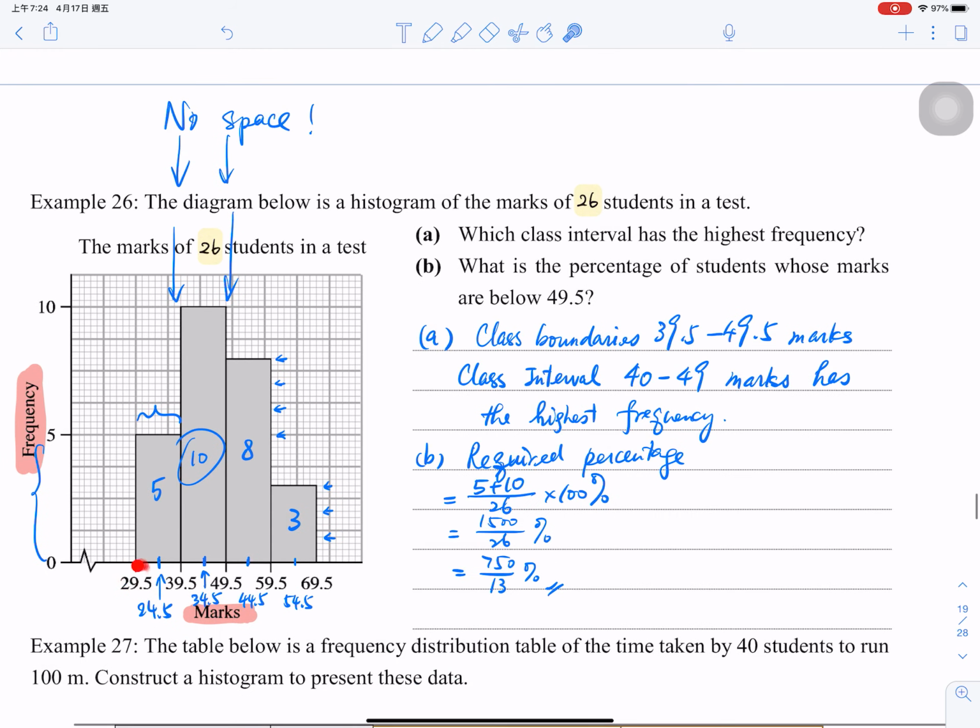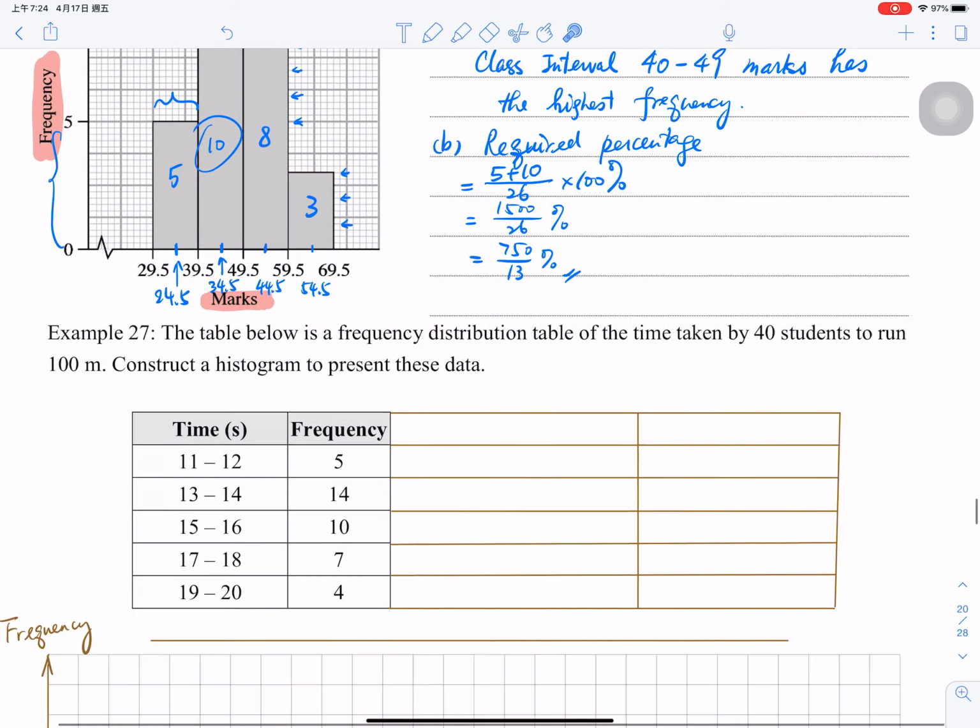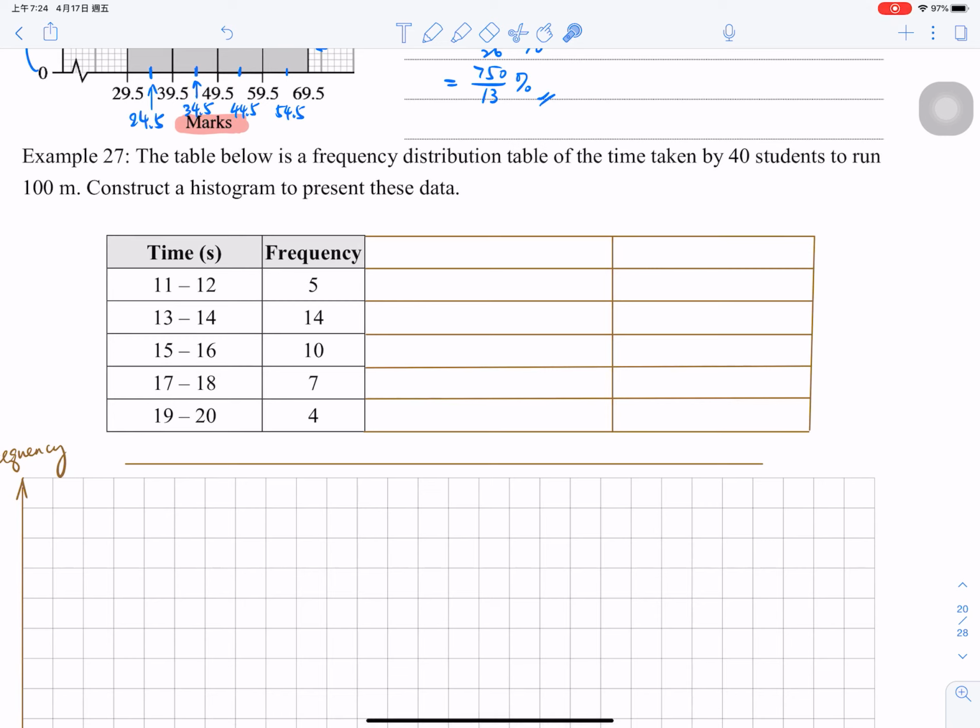So you can use the class boundary to mark on the horizontal axis, or you use the class mark to mark on the horizontal axis. Later on, we use example 27 to teach you how to draw the histogram.